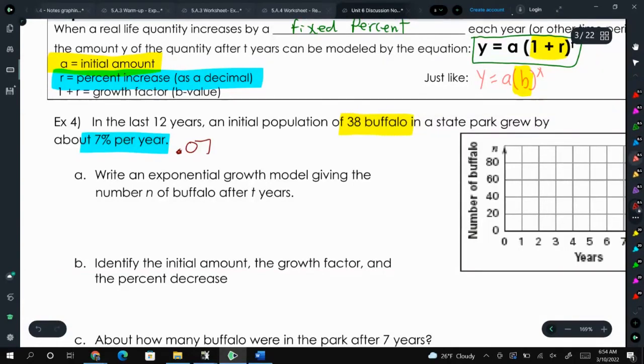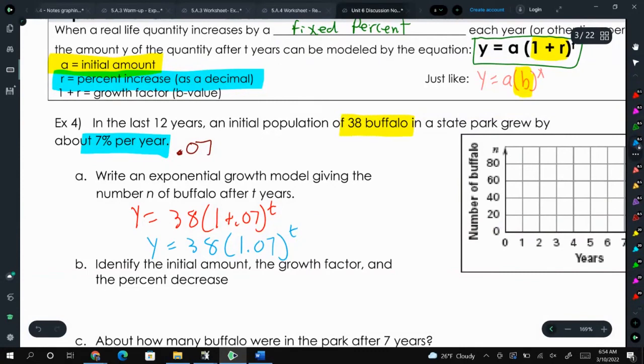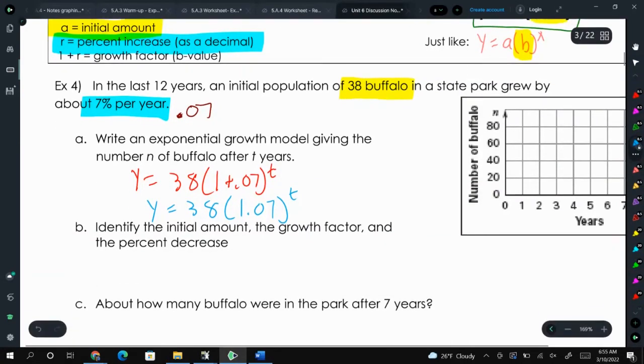Don't make the mistake and say, oh, it's going to be 0.7. 7% is 0.07. So y equals 38, our a value, times 1 plus 0.07 raised to the t power. Now we can simplify inside the parentheses: y equals 38 times 1.07 raised to the t power. So that is our equation.